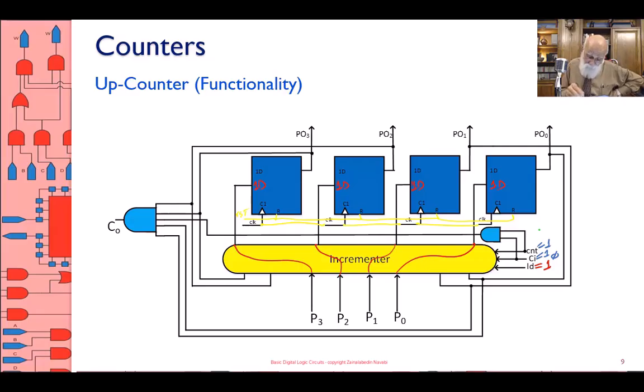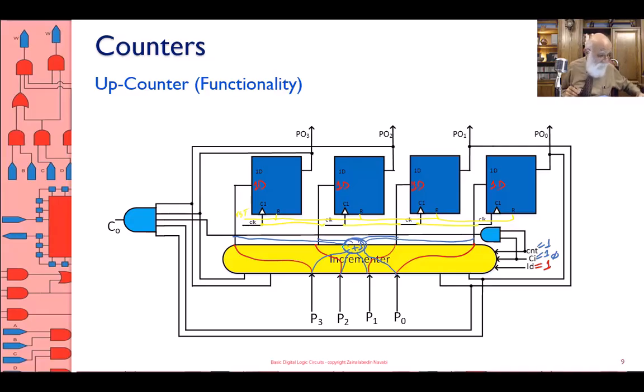So what happens is, in this mode, these 4 parallel inputs come together, get added to 1, and then these now go on the inputs of the 4 flip-flops.